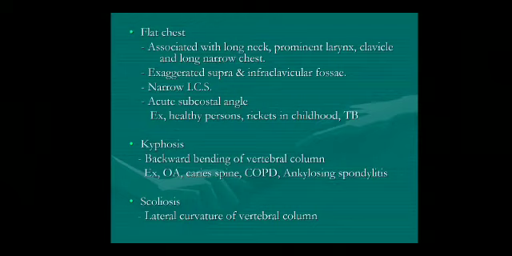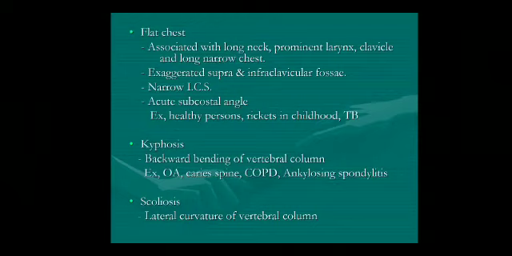Kyphosis means the backward bending of the vertebral column, resulting in convexity posteriorly and concavity anteriorly. This causes shortening of the chest and undue prominence of the vertebra. This is usually seen in osteoarthritis, chronic obstructive emphysema, ankylosing spondylitis.